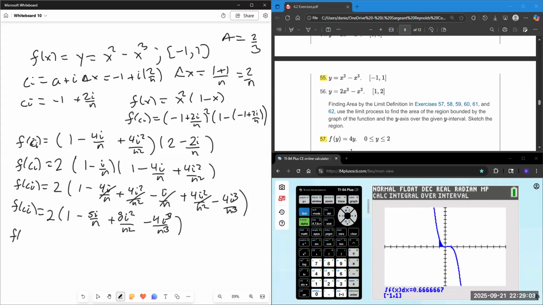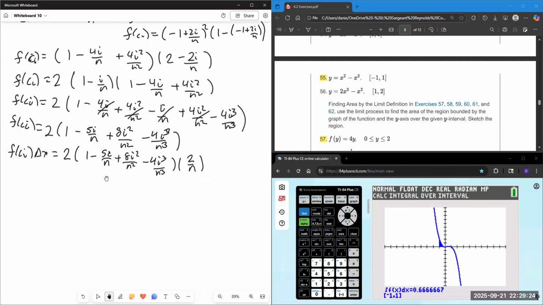So f of ci delta x is 2 times 1 minus 5i over n plus 8i squared over n squared minus 4i cubed over n cubed times 2 over n.